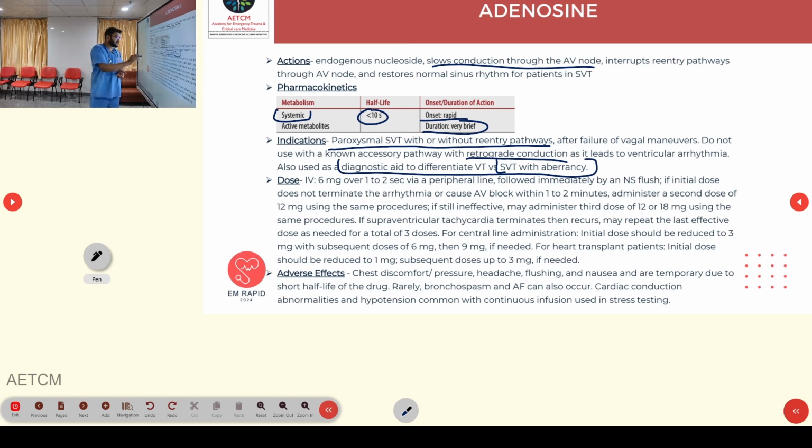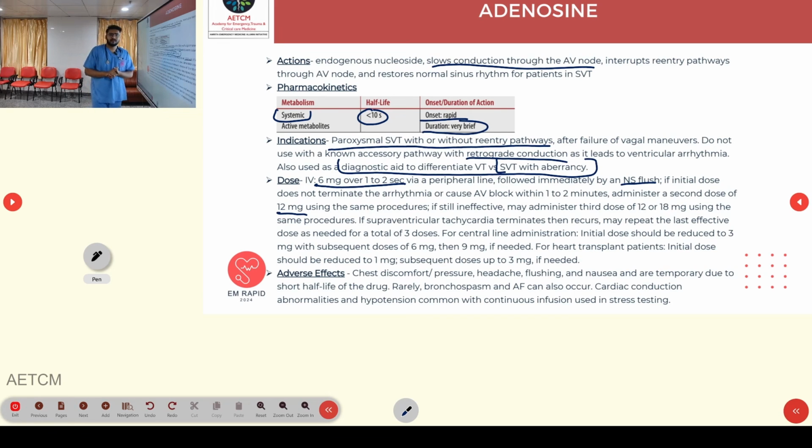Okay, and for the dosing, initially we give 6 mg over 1 to 2 seconds, a rapid injection with the NS flush, and after that we raise the arm in which we gave the adenosine dose. The second dose we can give is 12 mg using the same procedure if the arrhythmia is not settled, and we can repeat 12 to 18 mg.